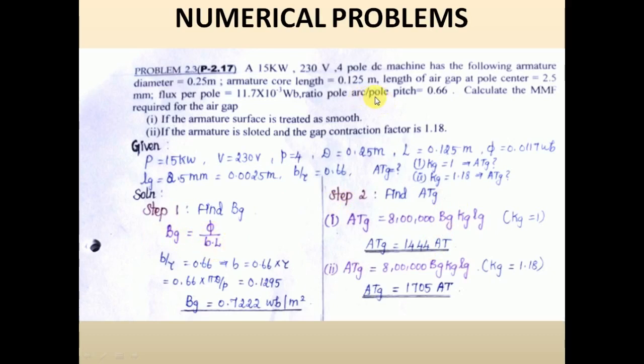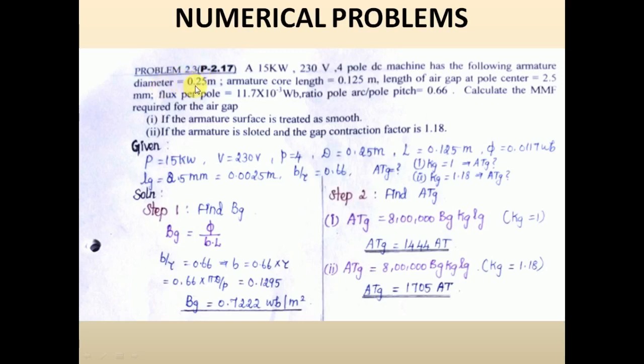Since pole arc is not given here directly, you can find the pole arc magnitude by multiplying 0.66 with pole pitch. You can calculate the magnitude of pole pitch by using the standard relation pi D divided by P. Pi D represents the overall perimeter of the machine, and if you divide by the total number of poles, definitely you will be able to find the pole pitch.